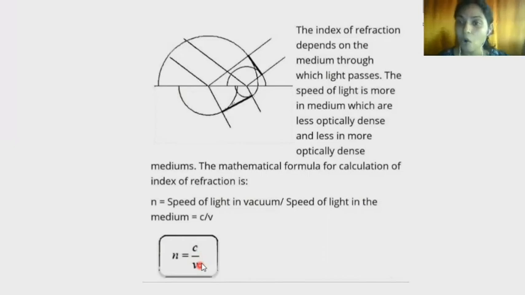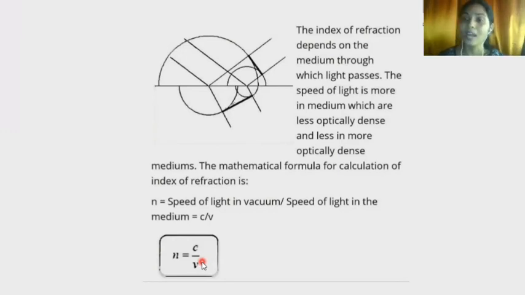If I consider water, it changes, right? If I consider glass, the velocity of light changes. If I consider diamond, the velocity of light changes. Why? Because the obstacles that are there in air medium are not the same as in water medium, glass medium, or diamond, right? So these are the different velocities of light in different media.